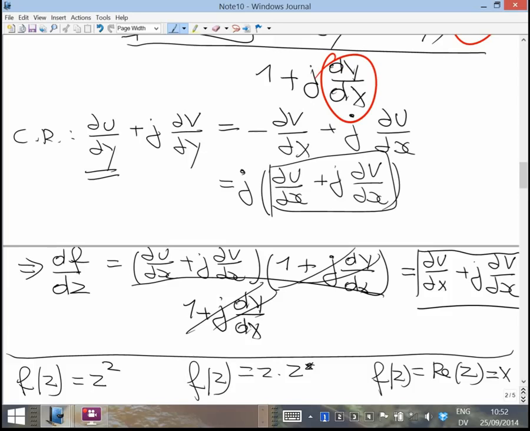If, on the other hand, you have functions which try to look into the complex number and break it apart, like for example the real part of z or the complex conjugate of z, as soon as explicitly the real part or the imaginary part appears, or as soon as the complex conjugate appears, then you have functions which are typically not analytical. So these are some things that can help you figure out whether functions are analytical or not without having to go through the trouble of calculating the Cauchy-Riemann conditions.